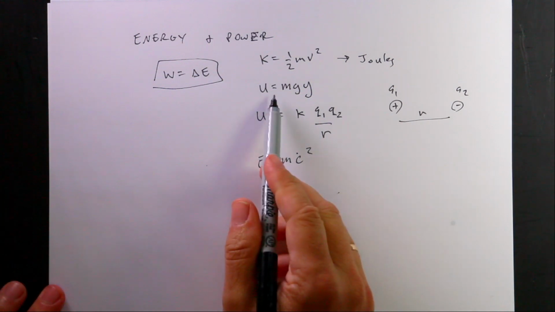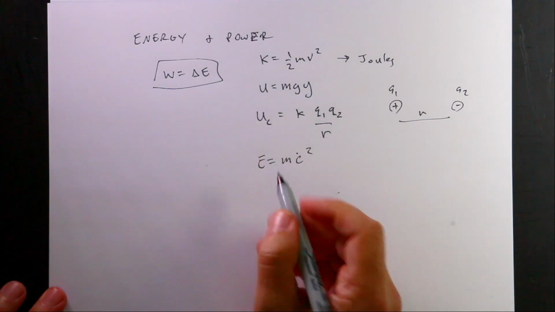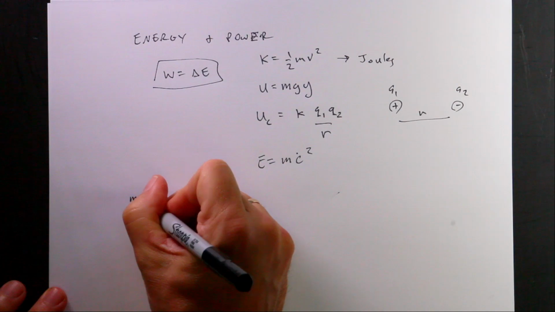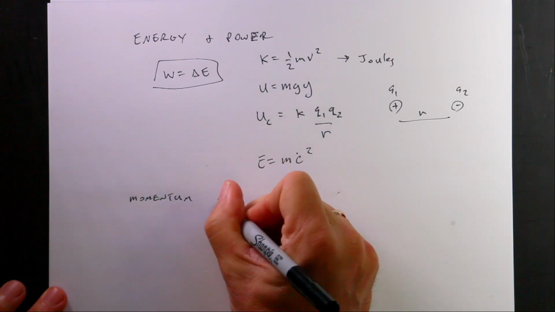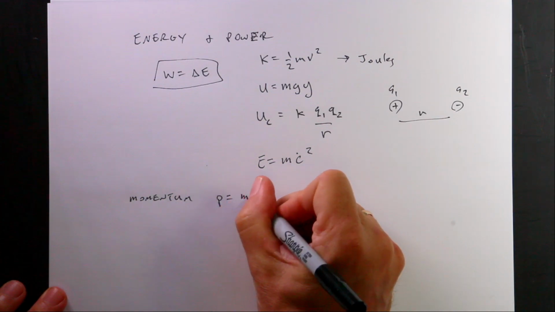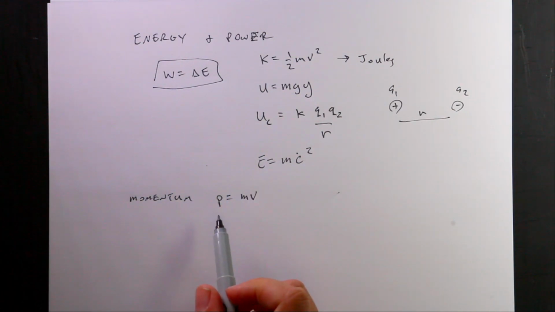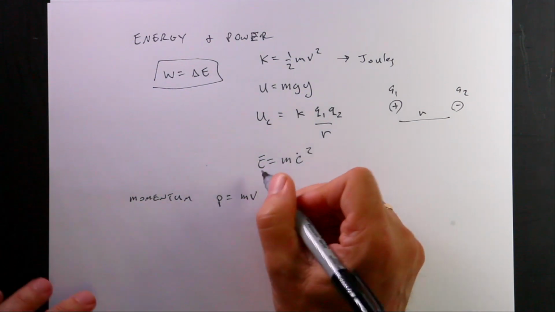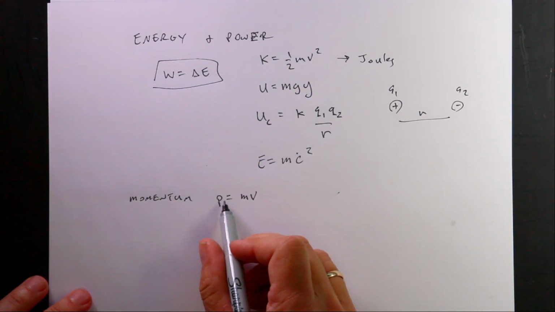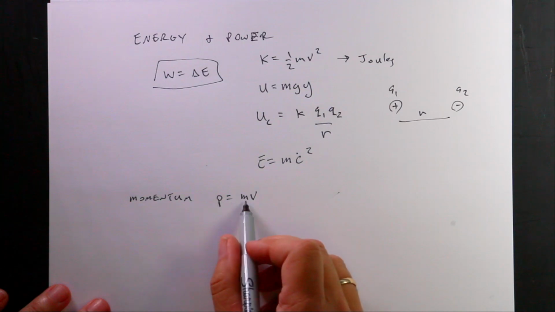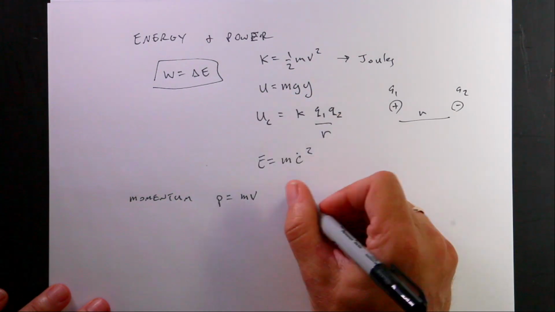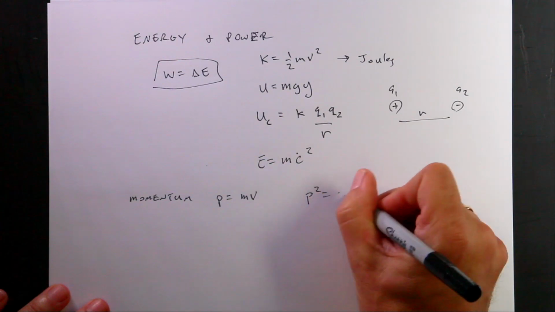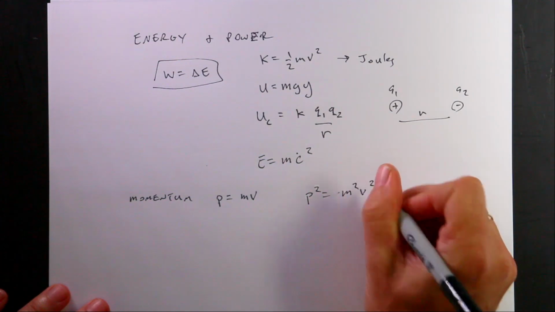Okay, it's not energy, but we also have momentum. And this is going to come up later, where momentum, lowercase p, is mass times velocity. That's a simple way to write it. It's actually more complicated than that, but this is simple too. The important thing is that there is a relationship between this and kinetic energy. So if I square both sides of that, I get p squared equals m squared times v squared.